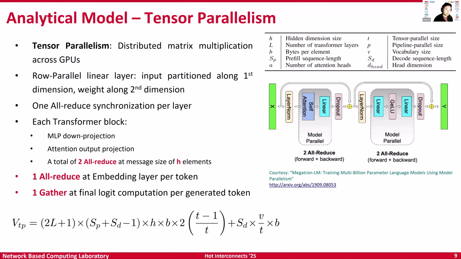Then we multiply by the hidden dimension size and the bytes per element factor. For bfloat16, that will be 2. For FP16, that will be 2. For full precision FP32, that will be 4 bytes per element. And then we multiply by a correction factor, which is in the NCCL tests performance documents, to adjust for the bus bandwidth.